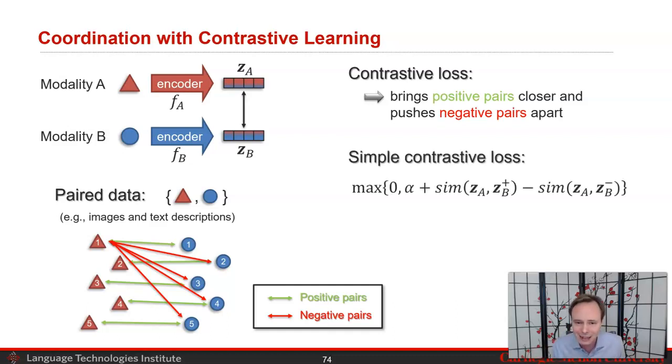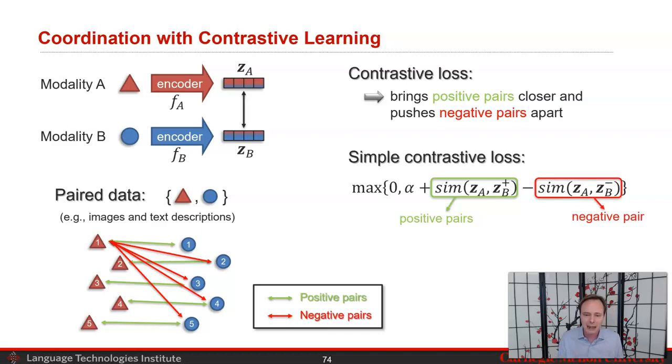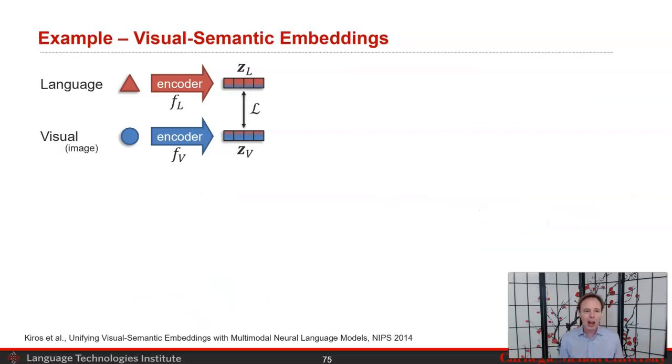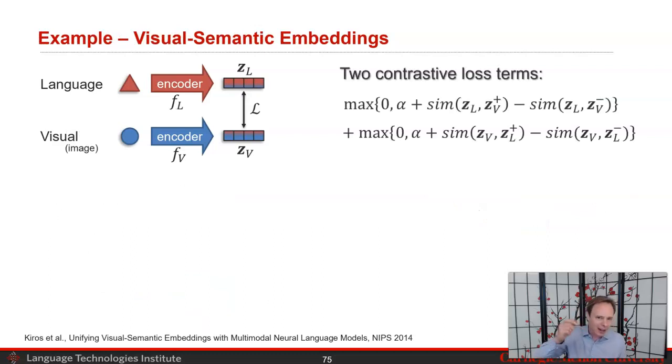The simple contrastive loss will be, in fact, just defining these positive pairs and these negative pairs, and having a similarity function for both of them. As an example, you could use any kind of similarity function, any kernel you would like. So the positive pairs, you want them as close as possible to each other, and the negative pairs, you want them as far from each other. In fact, there is a small little trick of training both from language to vision and vision to language.